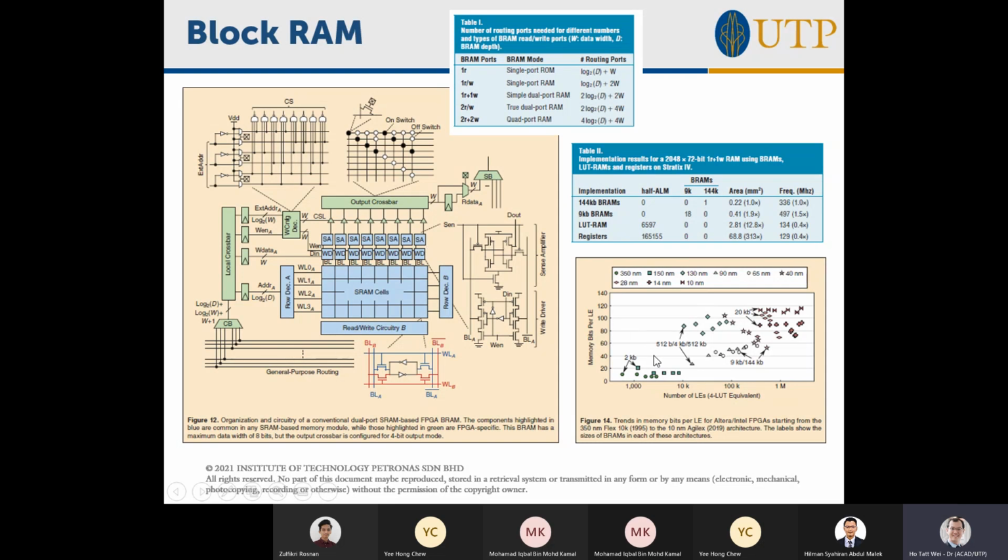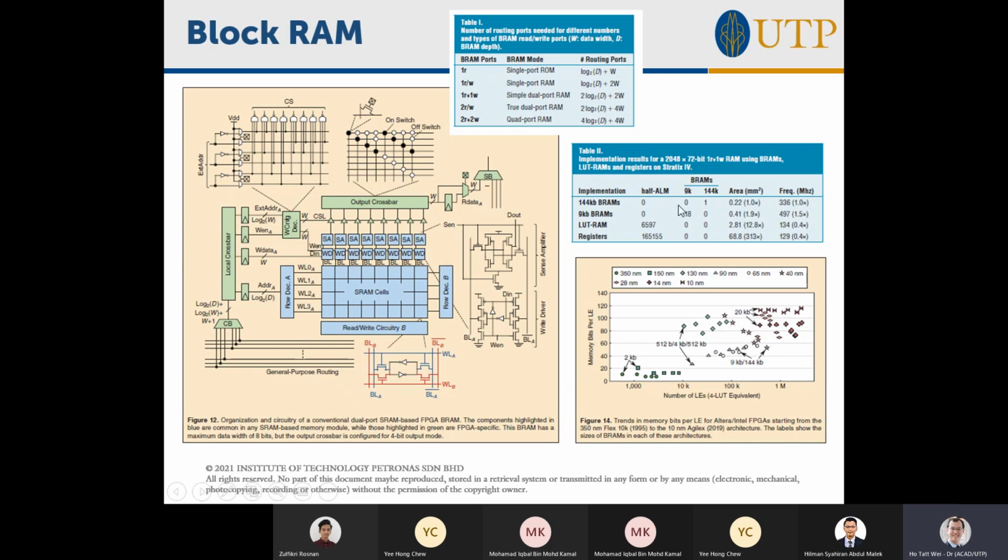What's actually interesting is if you look at the trend of memory versus lookup tables, an increasingly larger amount of area is dedicated to memory compared to lookup tables as the FPGA becomes bigger. For 1 million lookup tables of space, there are roughly about 120 bits of block RAM associated with each logic element.